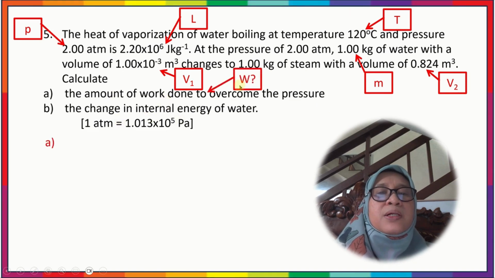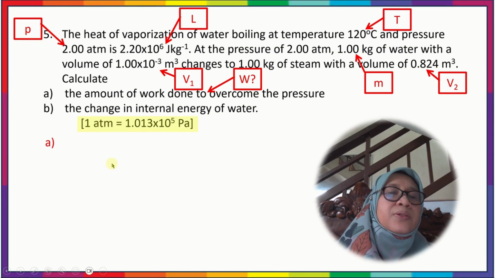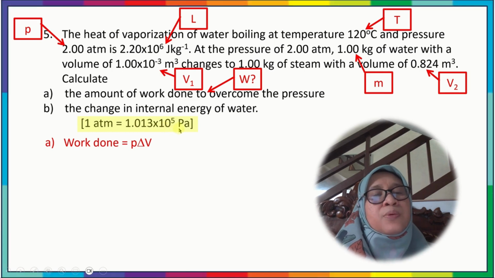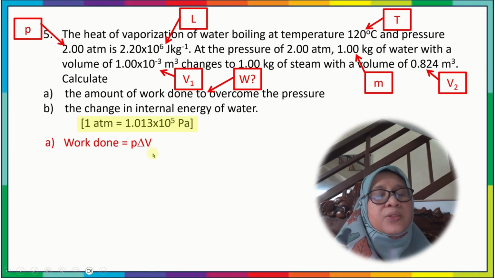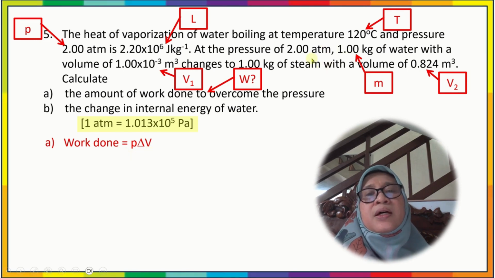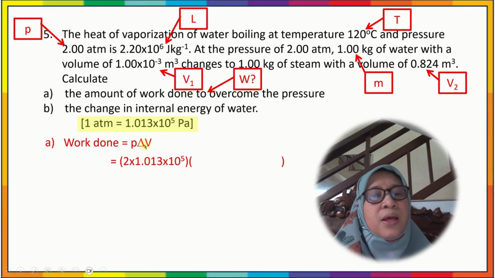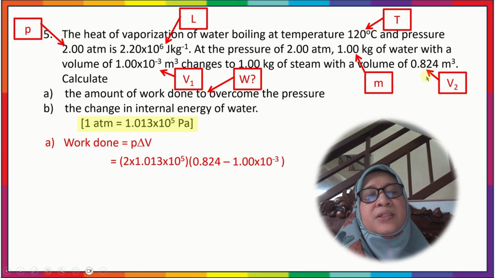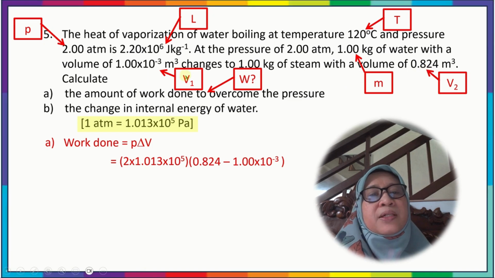For the work done, 1 atmosphere is given as 1.013 times 10 to the power of 5 Pascal. We need to convert to SI units. We can use work done equals P delta V because P is constant, 2 atmosphere. So convert atmosphere to Pascal. The volume change is final minus initial, so V2 minus V1, 0.825 minus 1 times 10 to the power negative 3.